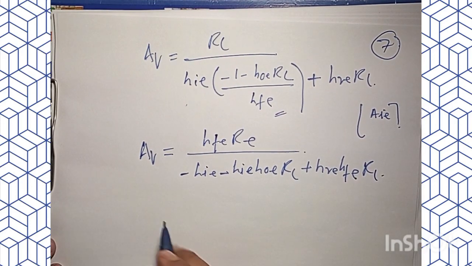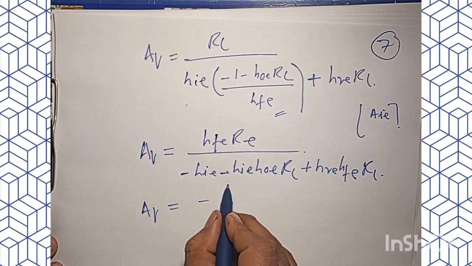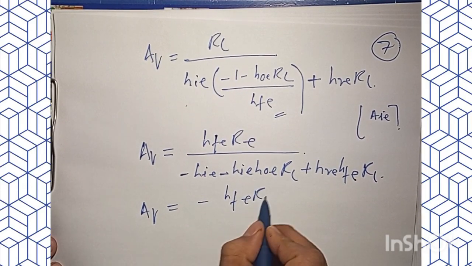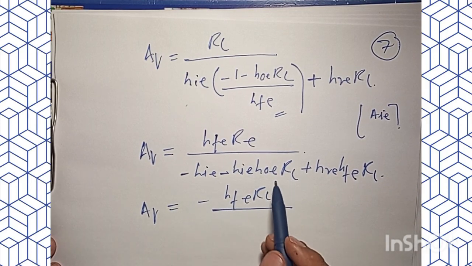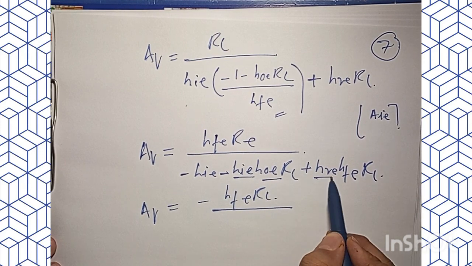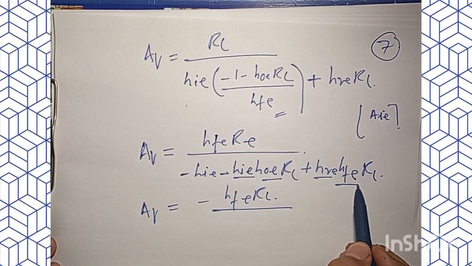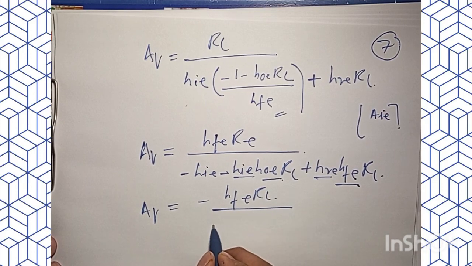This will be the case, and I can boil down this equation as AV is equal to minus HFE RL divided by HIE plus del RL, where I note down HIE HOE minus HRE HFE as del. RL is common to both.